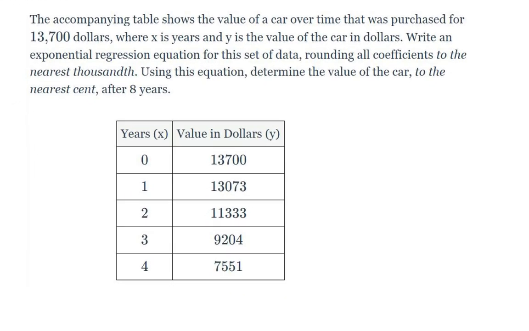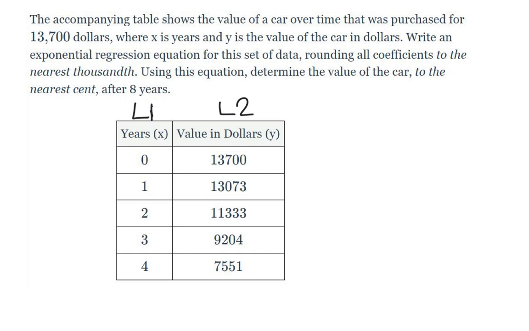Okay, you're going to hit stat, enter, clear your L1 and L2, arrow up to L1, hit clear, arrow down. Same thing for L2. So now you're going to enter your X under L1 and your Y under L2. So 0, 1, 2, 3, 4.